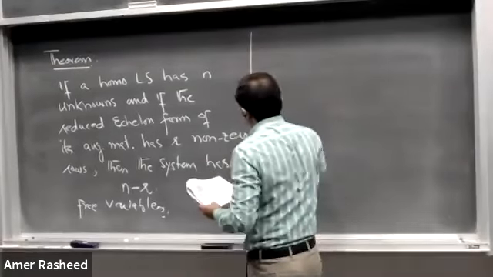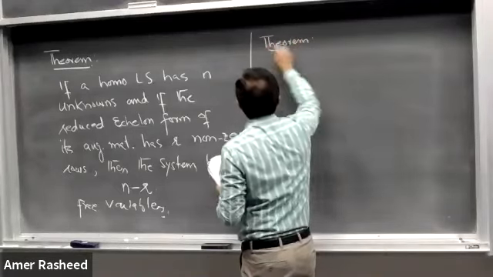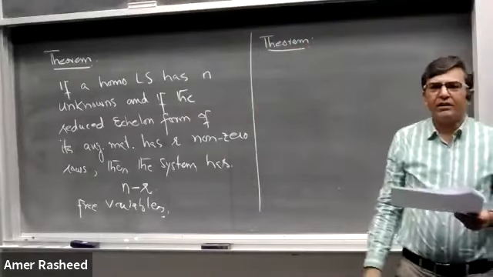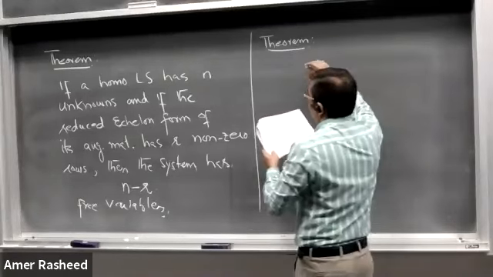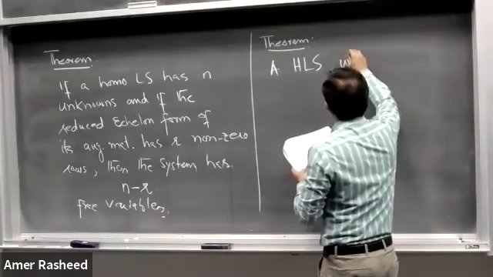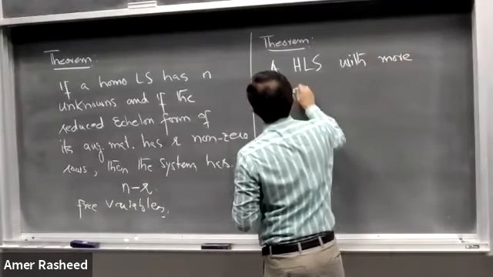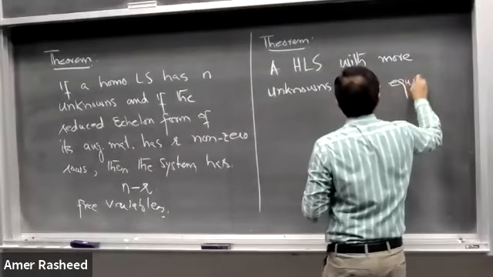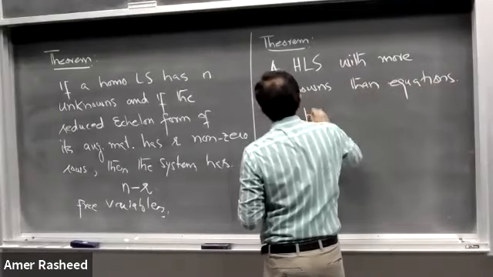Another result, which I have already told you, there is a theorem here. You don't need to prove these theorems. If someone wants to look at the proof, the proofs are given in the book, and the references are also given if the proof is not given. A homogeneous linear system with more unknowns than equations has infinitely many solutions.